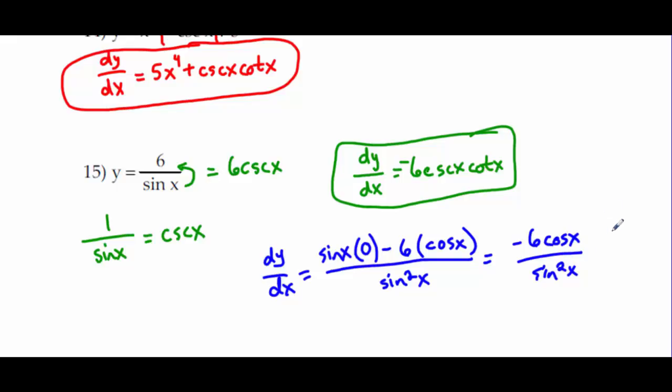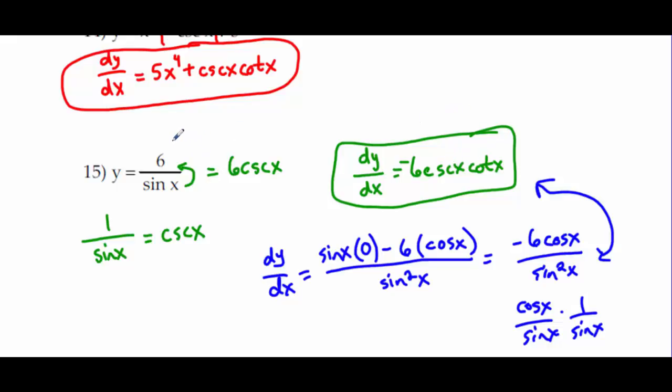Now, it may not look like it, but these two things are the same. They both have a negative 6. Cosine x over sine x is where we get cotangent, and then we still have another sine x left on bottom, which is where we get the cosecant.